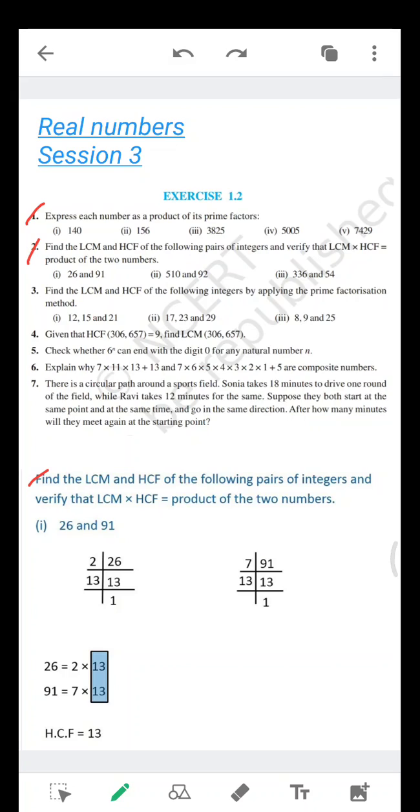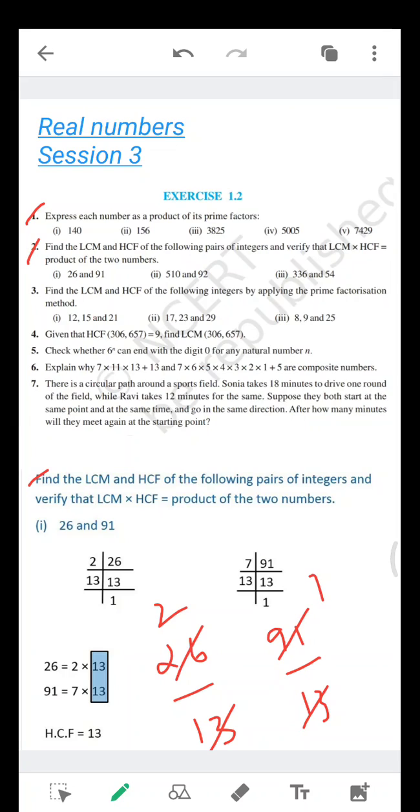That means both 26 and 91 can be divided by 13. 13 2s are 26, and 13 7s are 91. Now we have found the HCF.